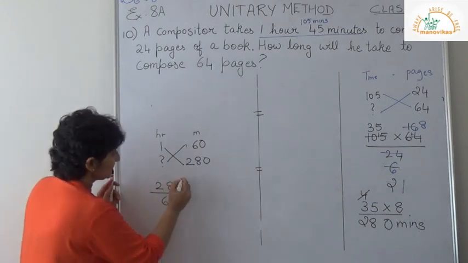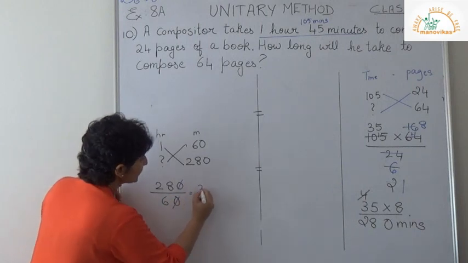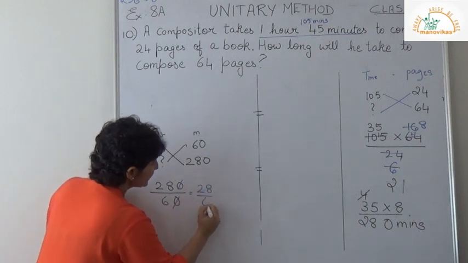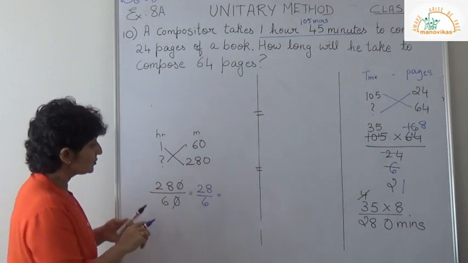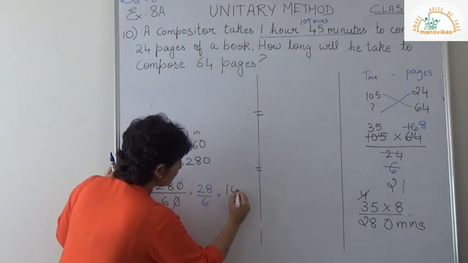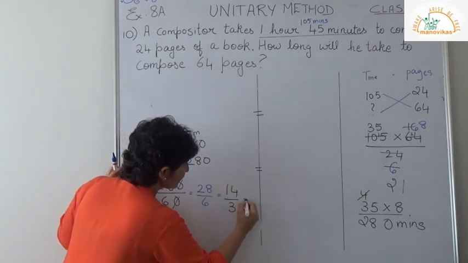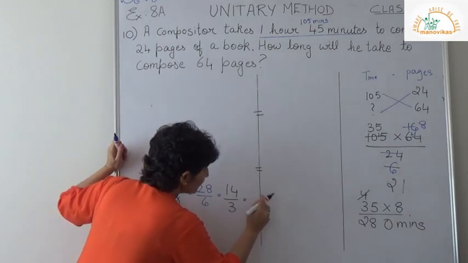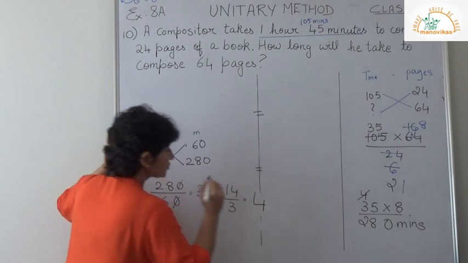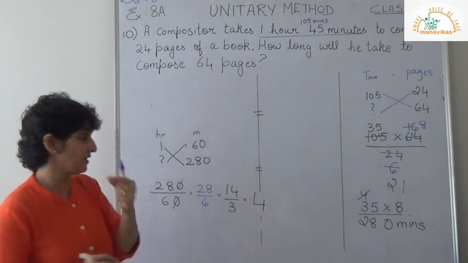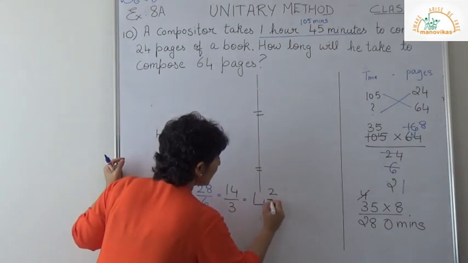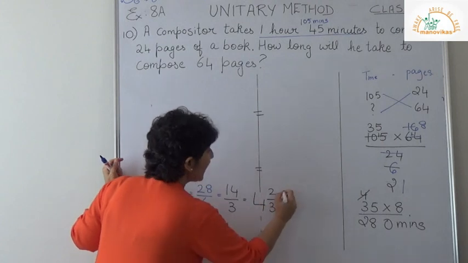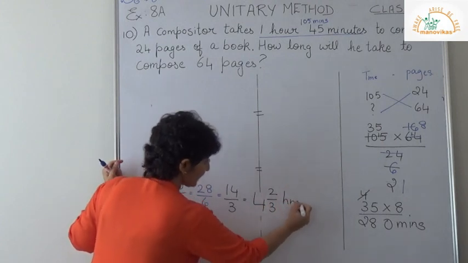Let's cancel the zeros. I get 28 upon 6. 3 4s are 12, 13, 14. So 4 and 2 upon 3 hours. Correct?